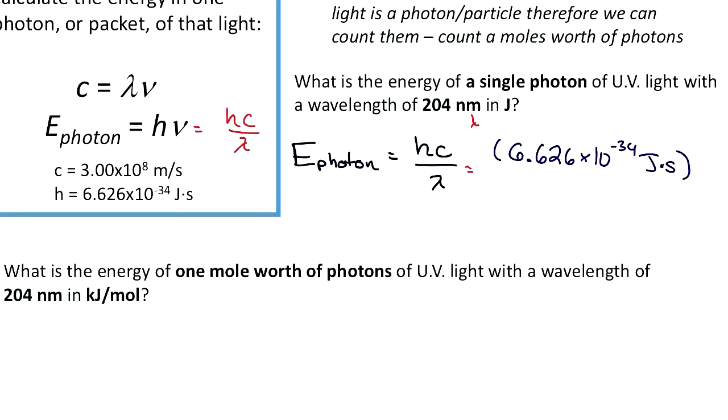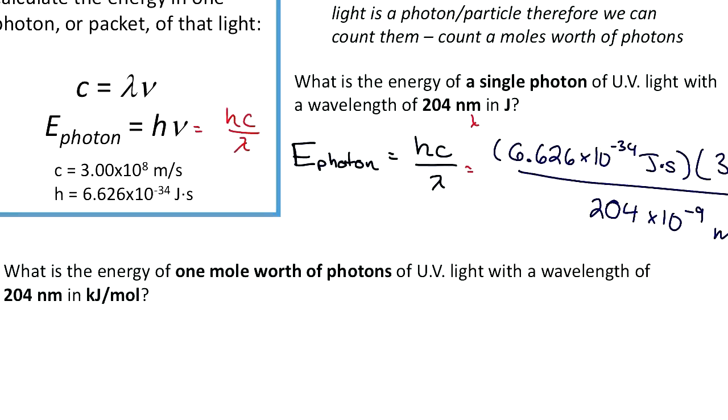So it's like a joule times a second. Then we're going to multiply by speed of light, 3 times 10 to the 8 meters per second. And then we'll divide by that nanometer, but we can't keep it in nanometers. We should convert it into meters. So this is 204 times 10 to the negative 9 meters.